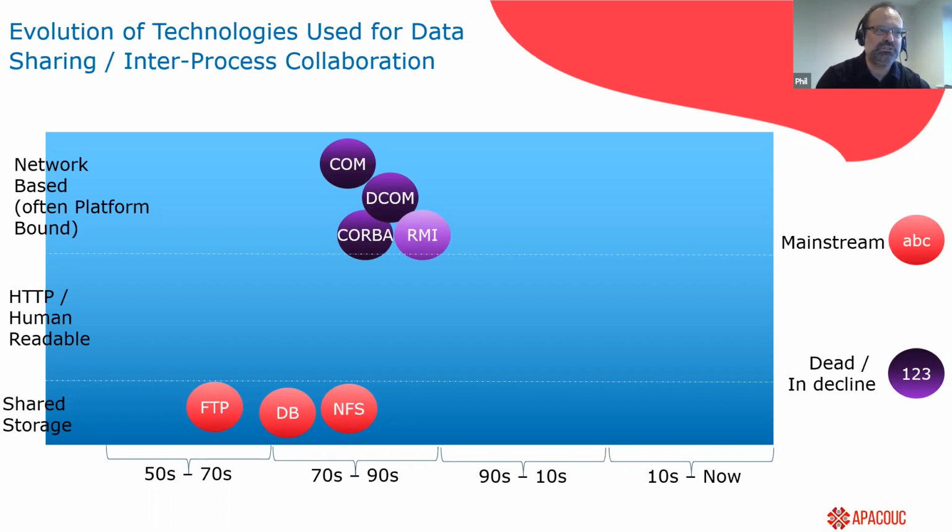We saw COM and DCOM come along in the Microsoft space. CORBA got itself pretty well established for quite a long time. And if you're a Java developer, you'll know all about RMI. As we moved into the millennium, we then saw XML-RPC come along, and then REST and SOAP.